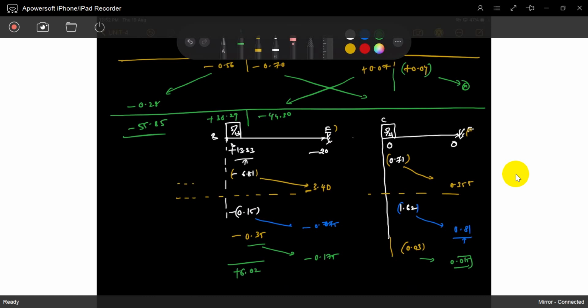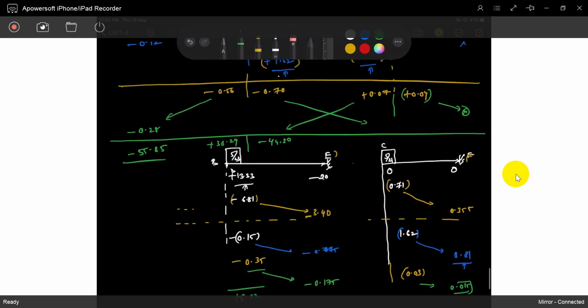Now we can add 38.29 minus 44.3 plus 6.02. You can see 0.01. So now joint B equilibrium is attained. Total moment at joint B is 0.